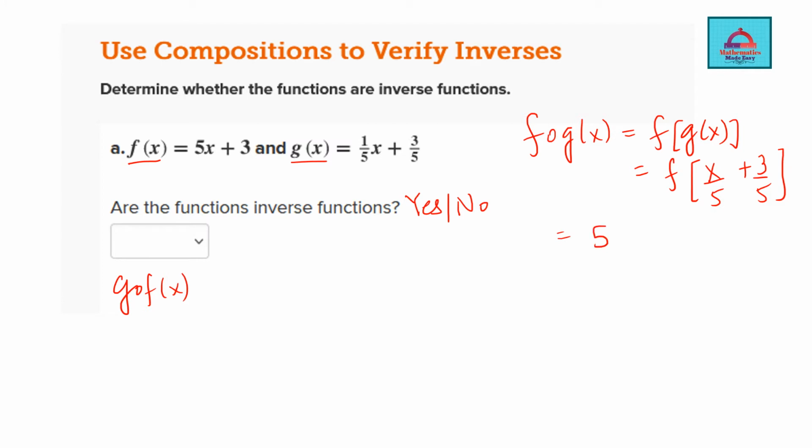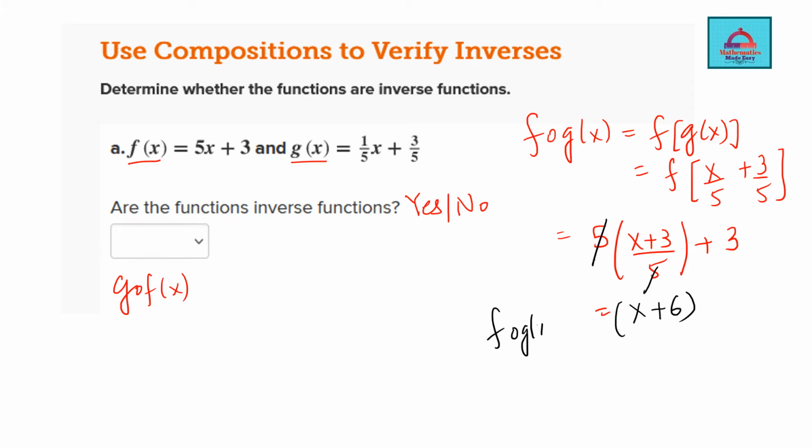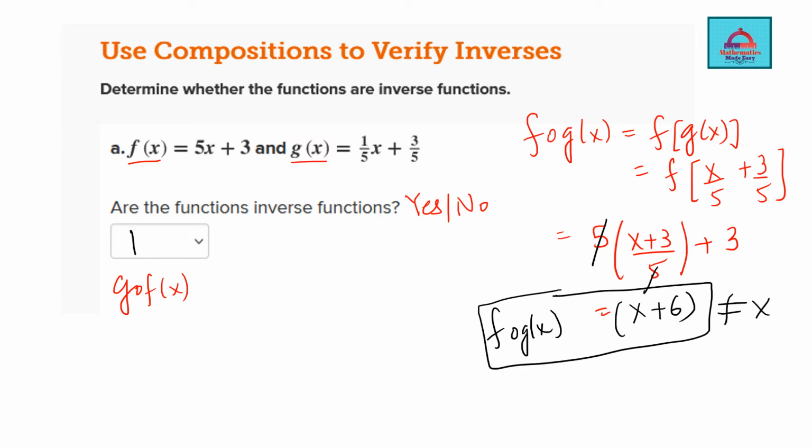So 5 times (x+3)/5 plus 3. Let's find its value. We are going to do cancellation. So this is x plus 3 plus 3, which is x plus 6. So f of g of x has come out to be this one. Now this is not equal to x, so straight away we can say the answer is no.